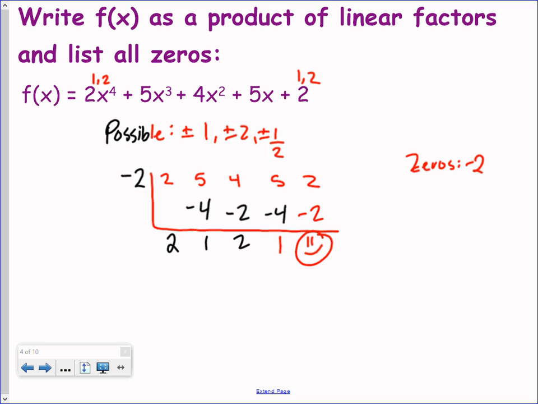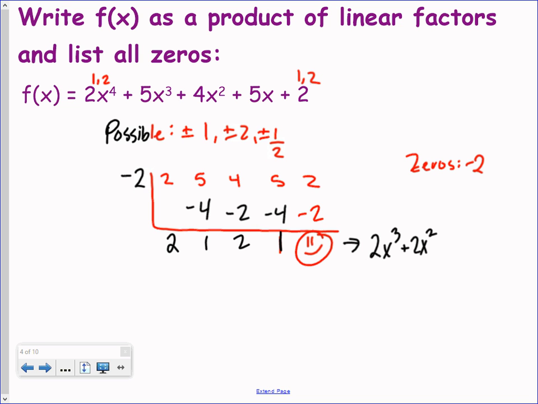And if you look at the bottom of your synthetic division, you can sometimes tell, based on the numbers down there that are going to be the coefficients to your cubic, if it's going to factor by grouping. That's what that's called. Since it goes 2, 1, 2, 1, it definitely is going to factor by grouping. So that's an option for you, and I will show you the factor by grouping here just because that's a helpful tool we can use.